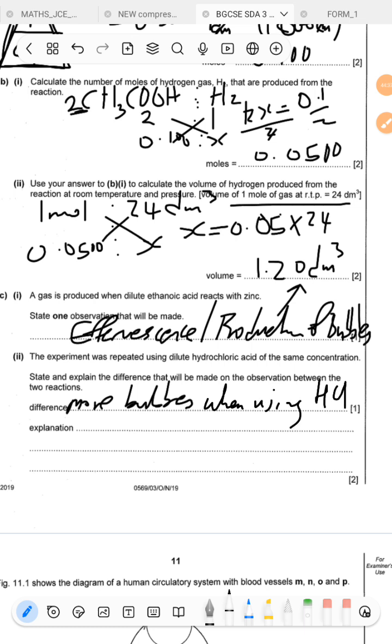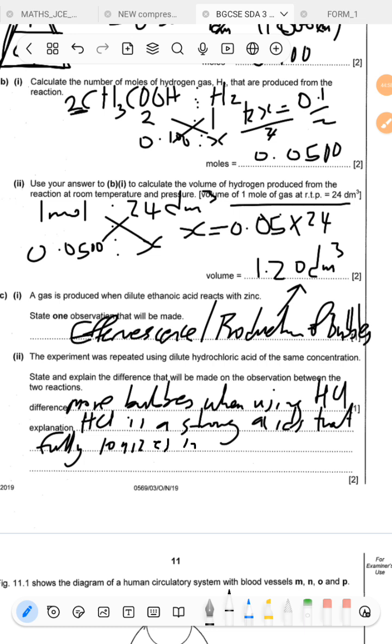The explanation is that HCl is a strong acid that fully dissociates, or fully ionizes, in a solution.